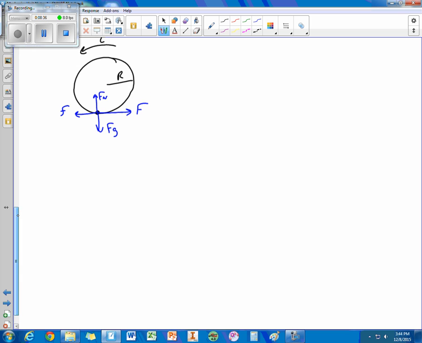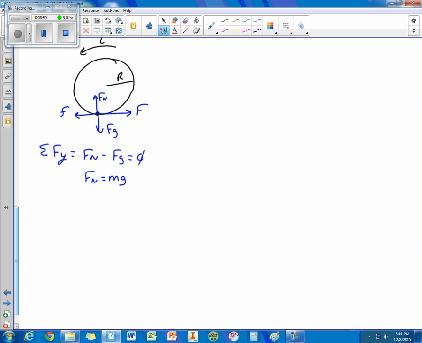So if we were to start studying forces, if I look at the net force on the y-axis, I have equilibrium. So that tells me that the normal force should equal m times g. If I study the forces on the x-axis, if I were to say that this way is positive and this way is negative, I would have the applied force minus the friction.